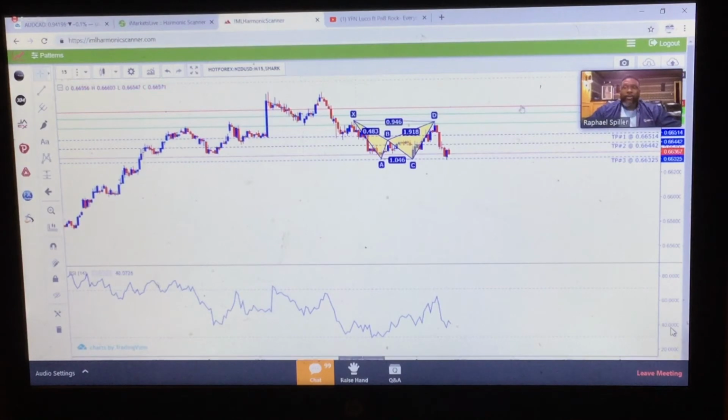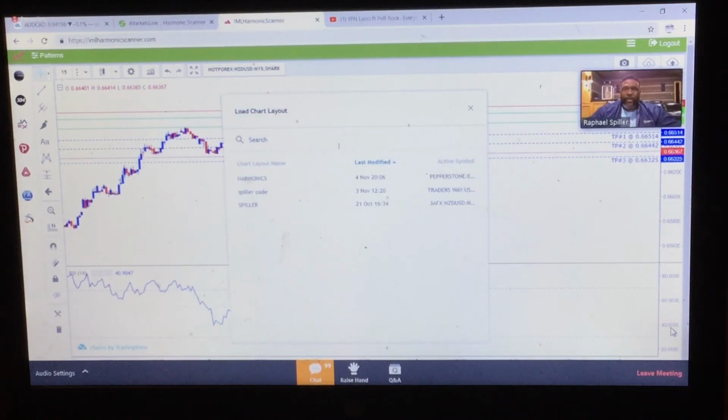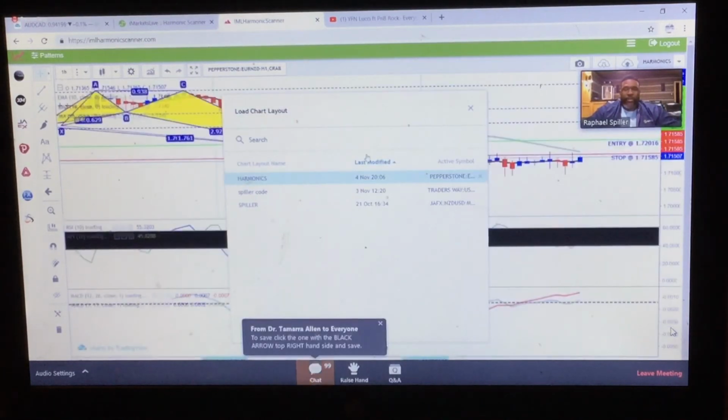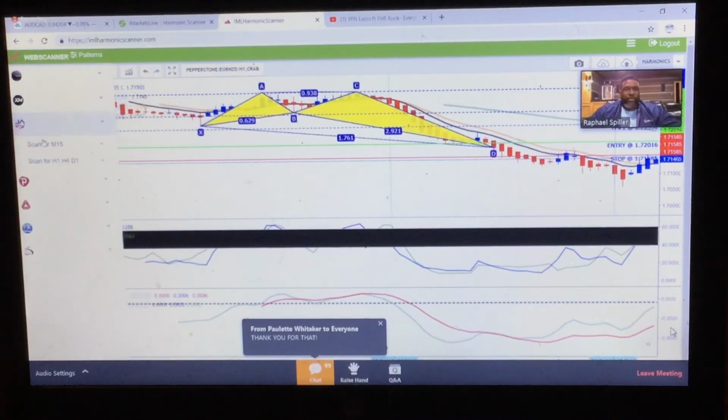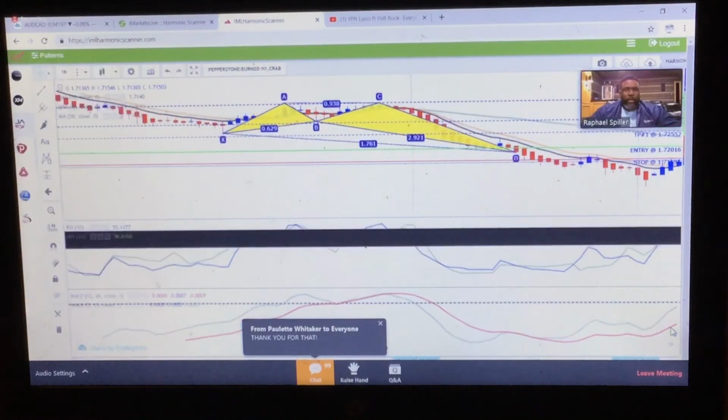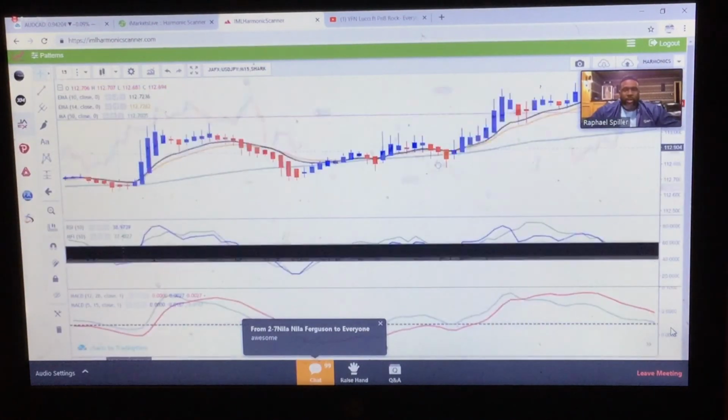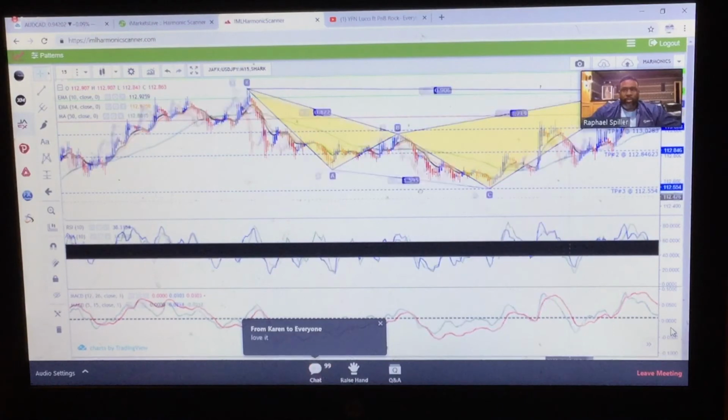You don't have to do it anymore. You just saved it. Go up here to the second, load chart layout. Click it. Find harmonics. Click it. It's going to put everything back on the chart that you initially had when you set it up. Right, so you can go from chart to chart to chart to chart, look for the trade that you want.